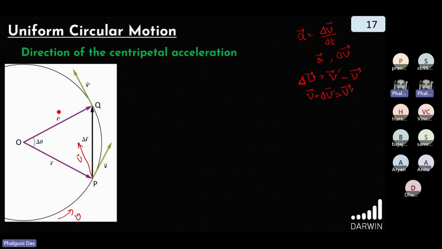So delta v will be along this direction. Using the triangle law, from this triangle you can see v vector plus delta v vector is equal to v prime vector. Yes or no? So what is the direction it's pointing? Delta v points towards the center.